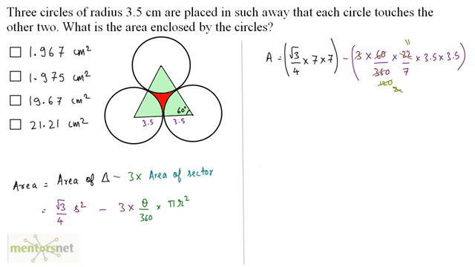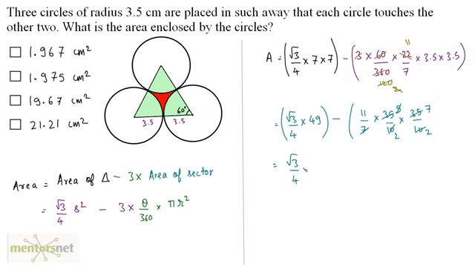So we have this equal to root 3 by 4 times 49 minus 11 by 7 times 3.5, which can be written as 35 by 10 times 35 by 10. So 7 5s are 35, 5 2s are 10, and again 5 7s are 35 and 5 2s are 10. So we have root 3 by 4 times 49 minus 77 by 4.